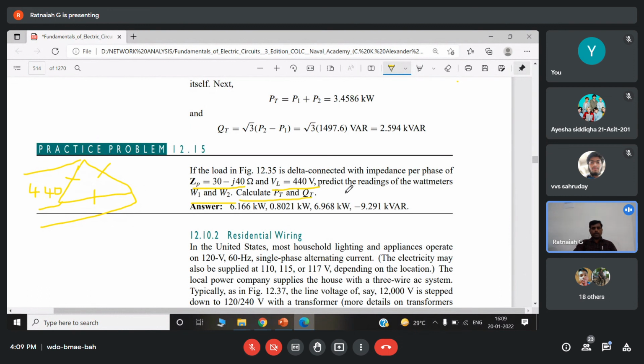Calculate the total power and reactive power, PT and QT. PT is the sum of both wattmeter readings. QT is √3 times the difference of both wattmeter readings. So first you need to calculate the readings of the wattmeters. There we can get the values. So what is P1, what is P2?